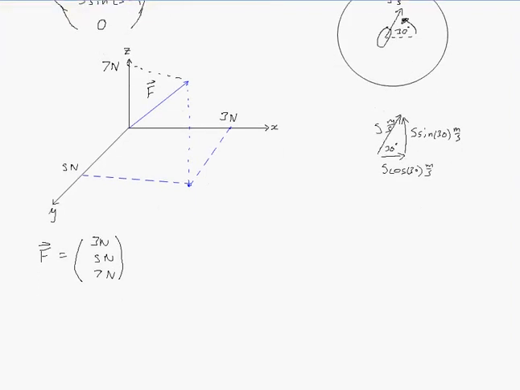In fact, if you wanted to go one step further, using basic linear algebra, we can say that's the same thing as 3 times (1, 0, 0) plus 5 times (0, 1, 0) plus 7 times the vector (0, 0, 1).